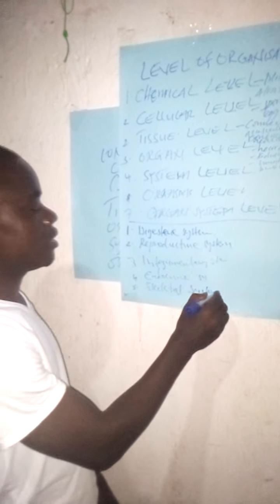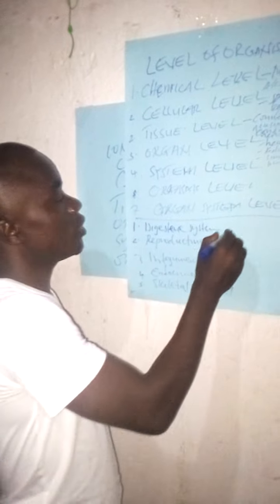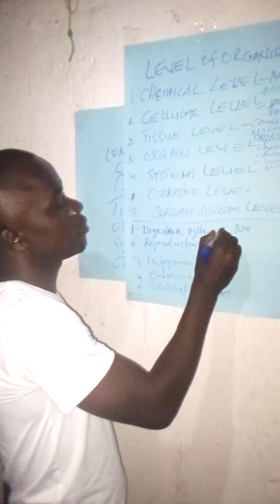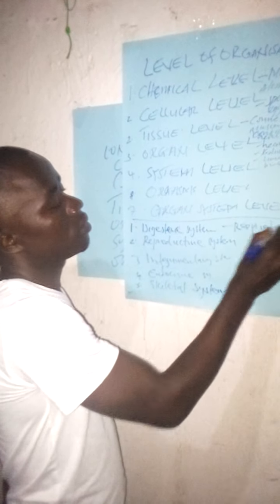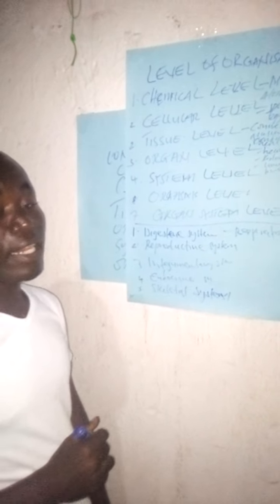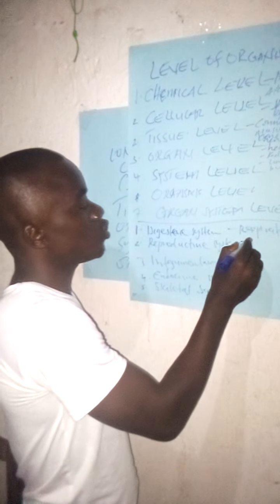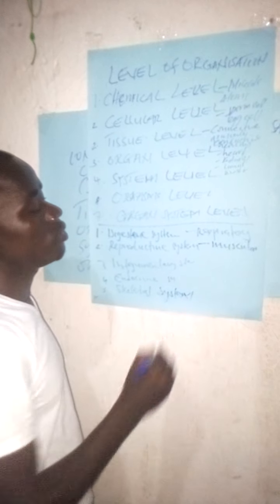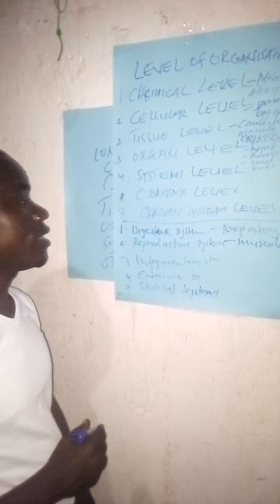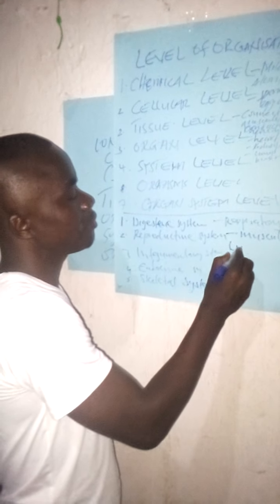After the skeletal system, we have the respiratory system. Then after the respiratory system, we have the muscular system. Each and every one you are going to know. Then after the muscular system, we have the lymphatic system.